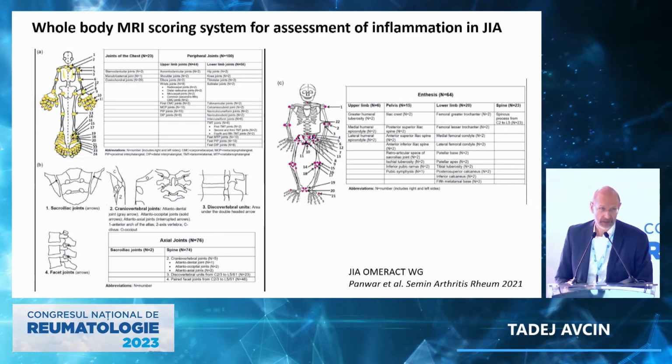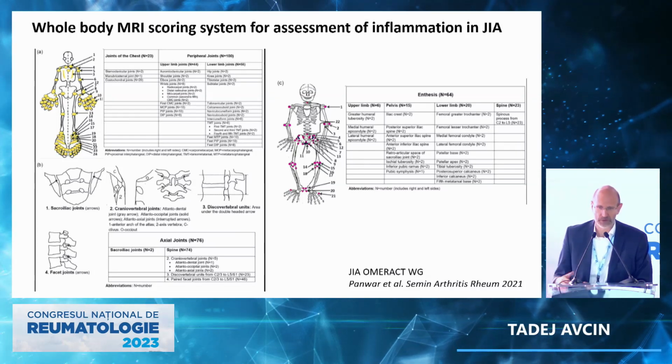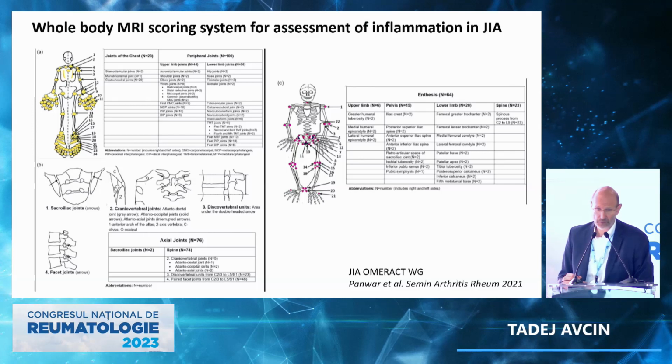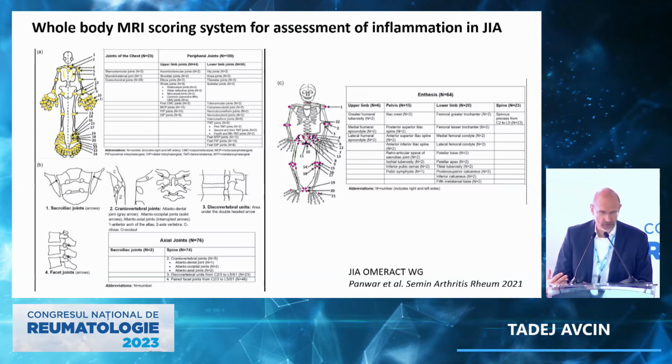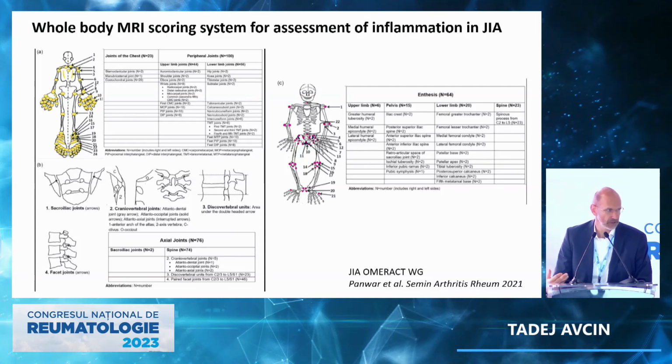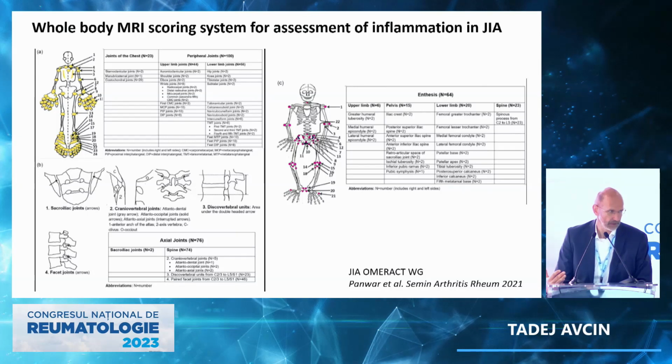There are also more aggressive initiatives in the imaging world. So this was the OMERACT working group in juvenile idiopathic arthritis, evaluating and proposing a whole body MRI scoring system for assessment of inflammation in JIA, but in our opinion, this is not feasible in our clinical practice.